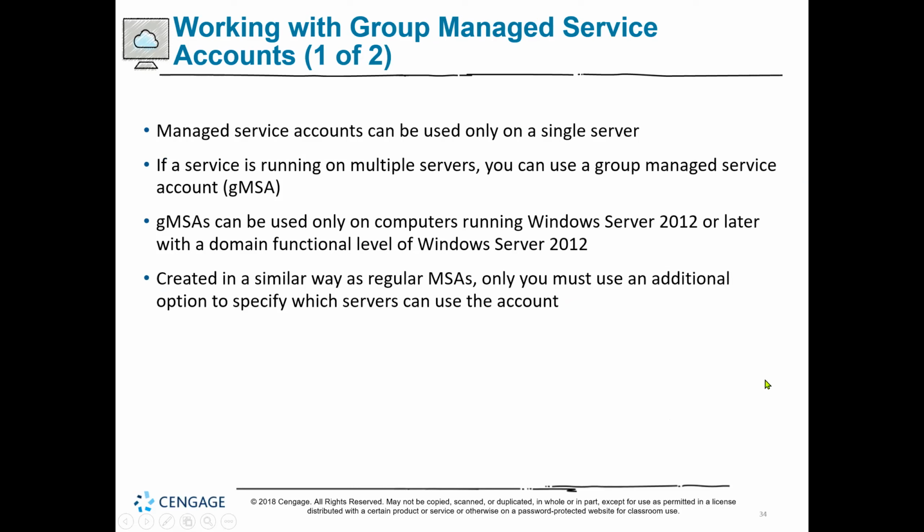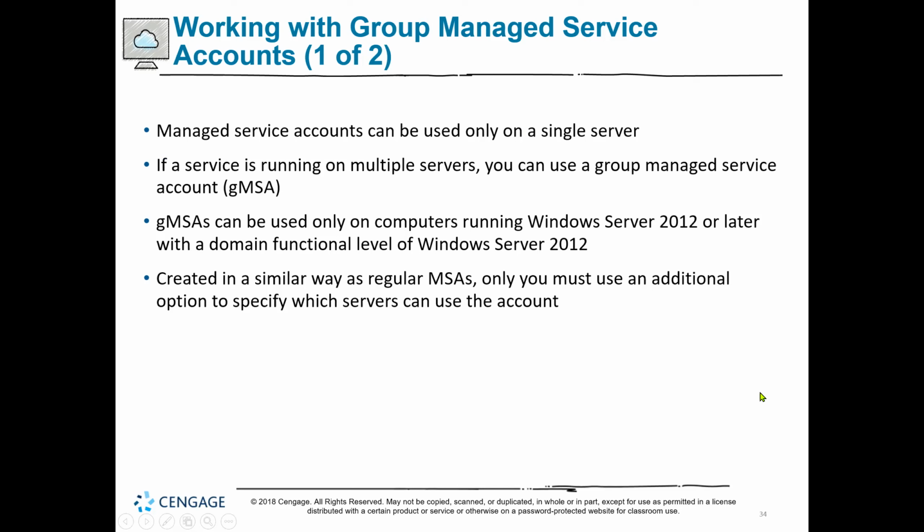Working with group managed service accounts. An MSA can be used only on a single server. If a service is running on multiple servers, you can use group managed service accounts. GMSAs, so many acronyms, can be used only on computers running Windows Server 2012 or later with domain functional level of Windows Server 2012.